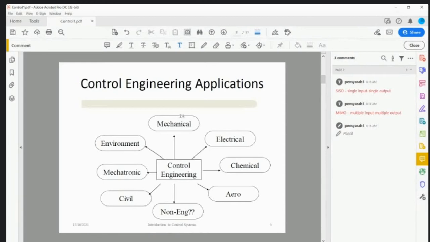The building will vibrate due to the wind, then you can apply the control application there in order to control the vibration. And of course, non-engineering also has a control system in there.